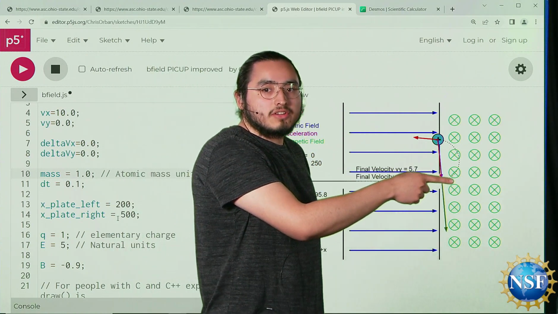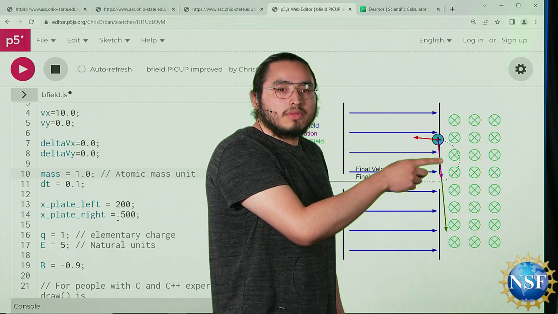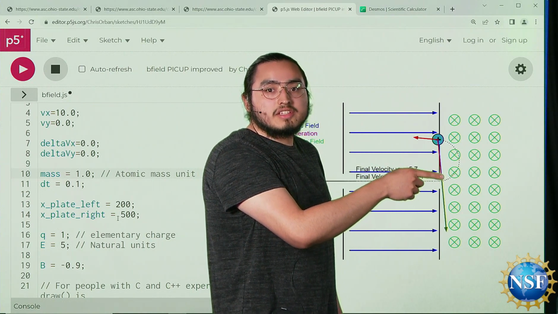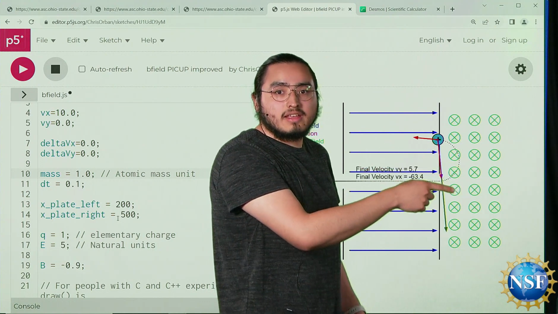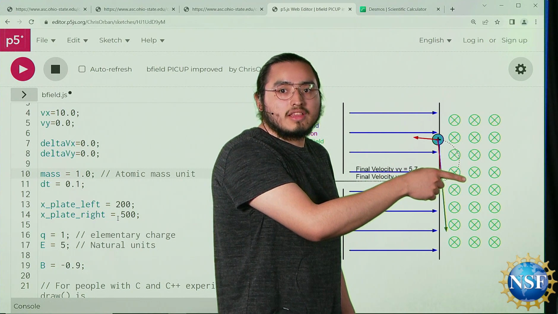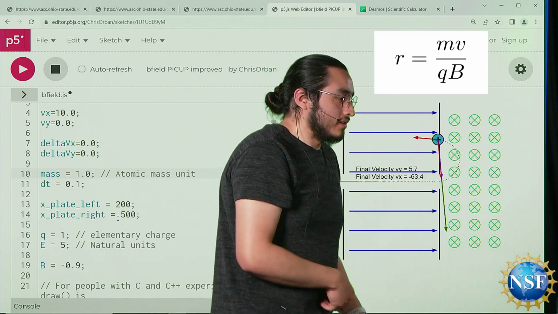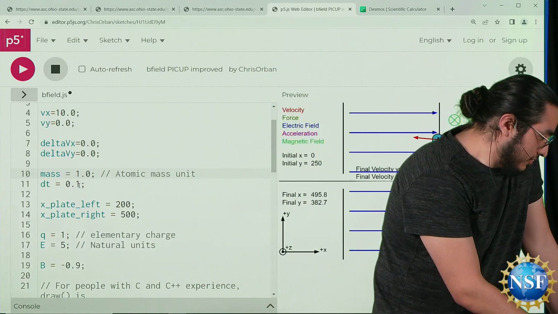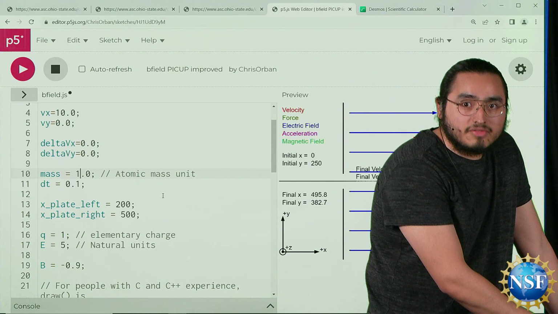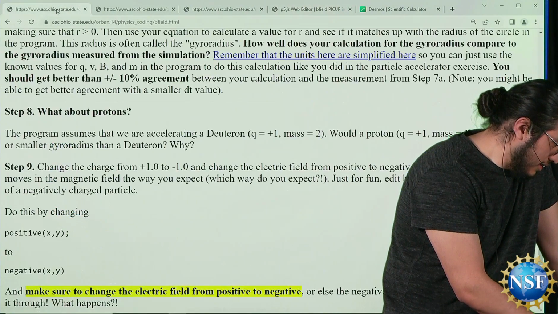However, when we enter the magnetic field, the force of the magnetic field can easily act on our particle because it's lighter, thus deflecting it easier, and leading to a tighter gyro radius. Pretty neat. You're welcome to change this mass to other values to see what happens, but we'll go ahead and go on to the next step.